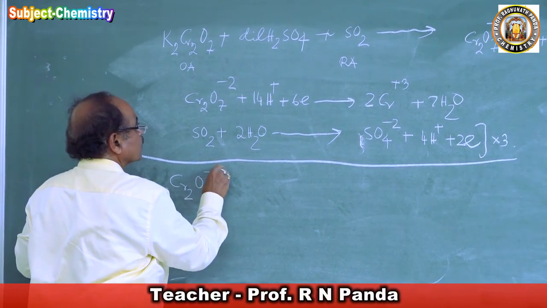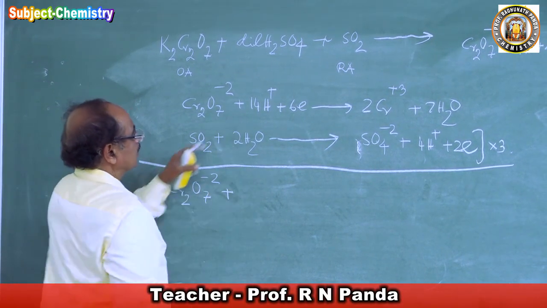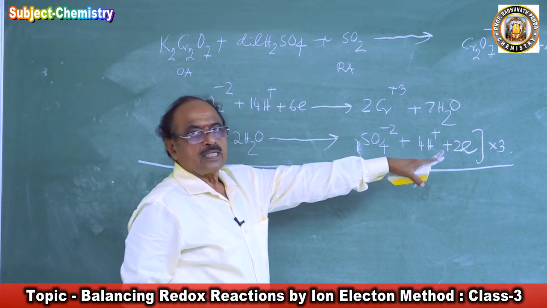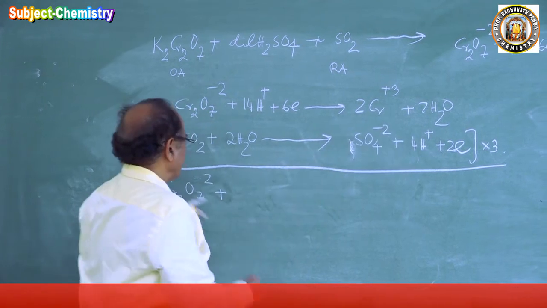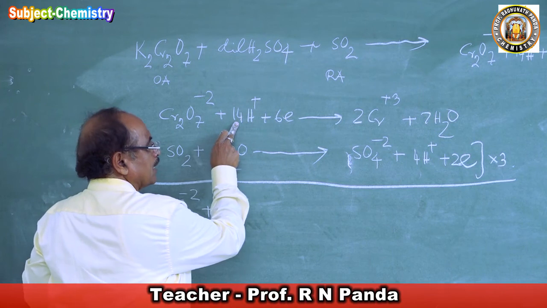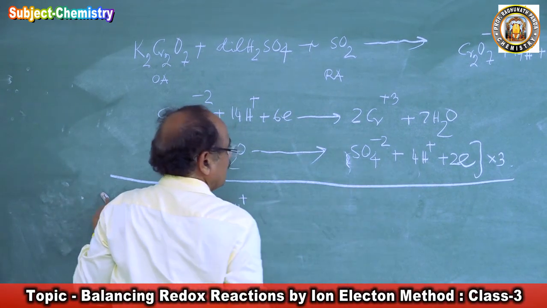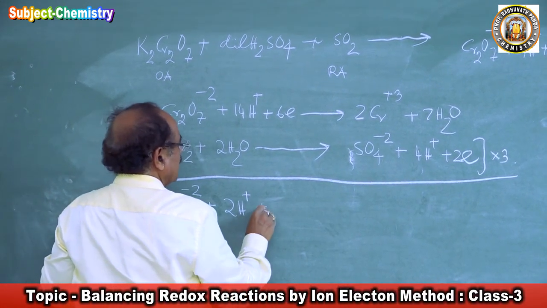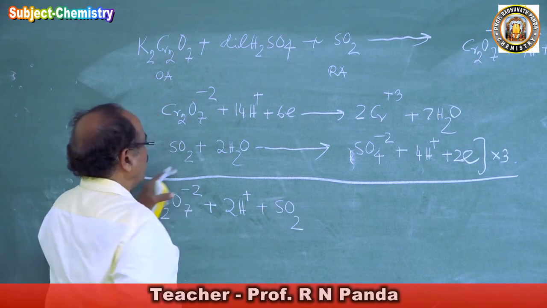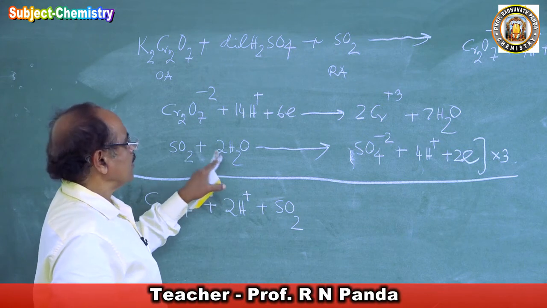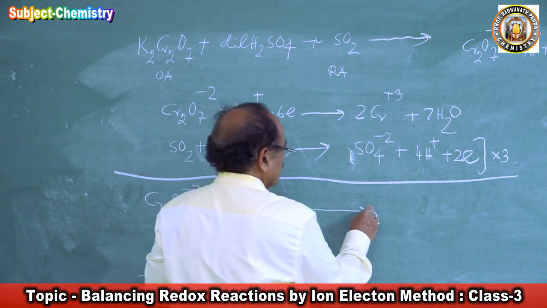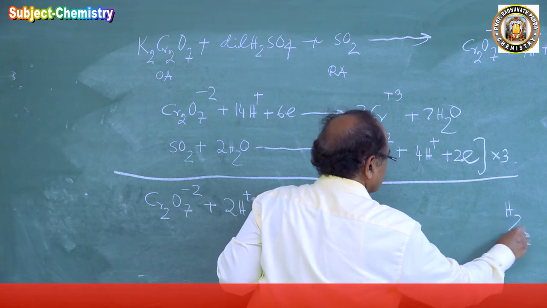So we get Cr2O7^2- plus 14H+ on the left. On the right we have 4H+ times 3, which is 12H+, so we have 2H+ left on the left side. Then sulfur dioxide. How much water? On this side we have 2 water times 3, 6 water, and on the other side 7 water, so we have 1 water here.